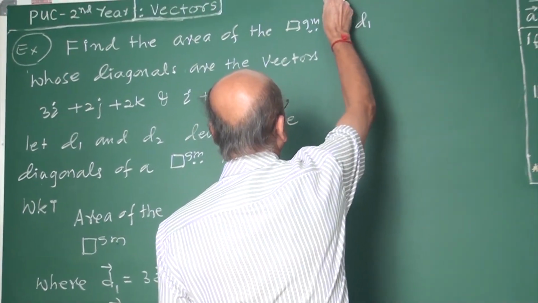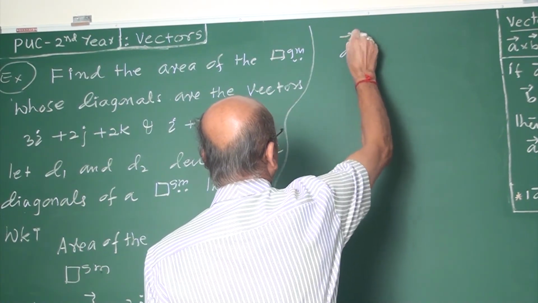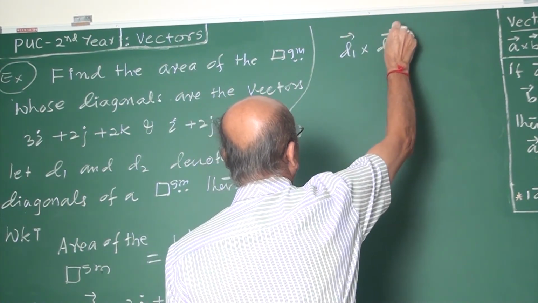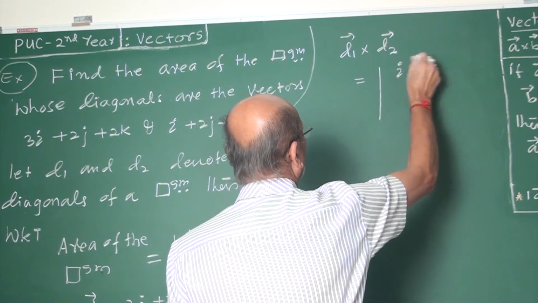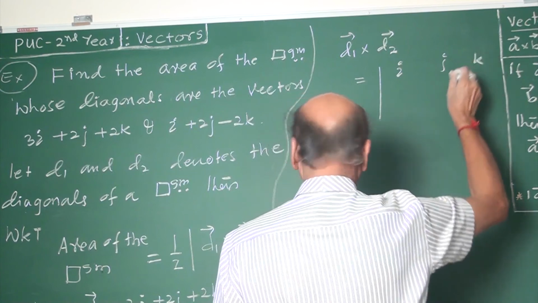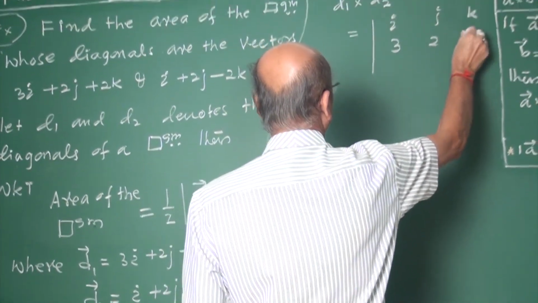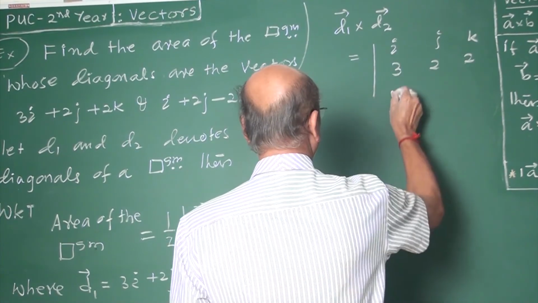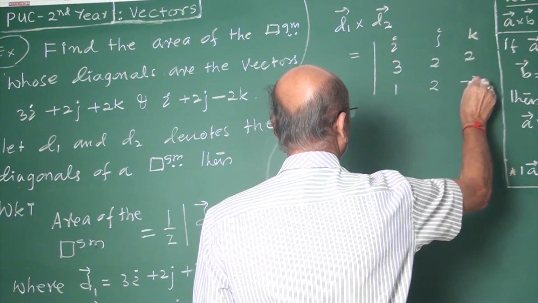Now d1 cross d2. This is the determinant i, j, k. Components of d1: 3, 2, 2. Components of d2: 1, 2, minus 2.